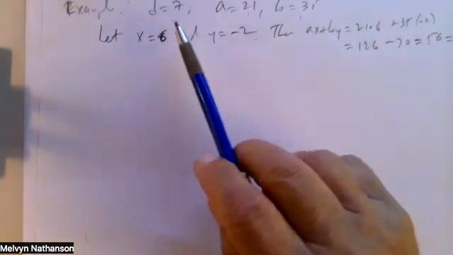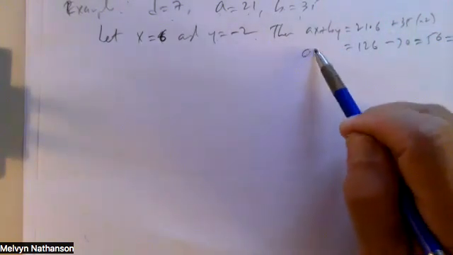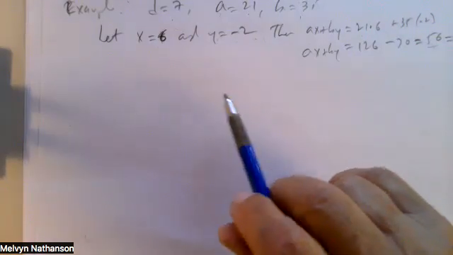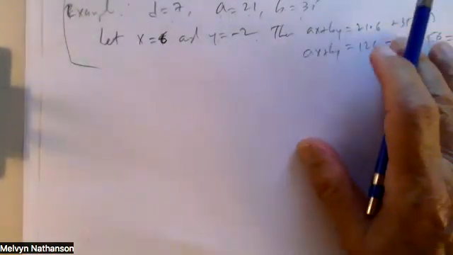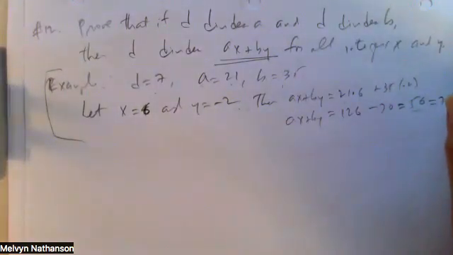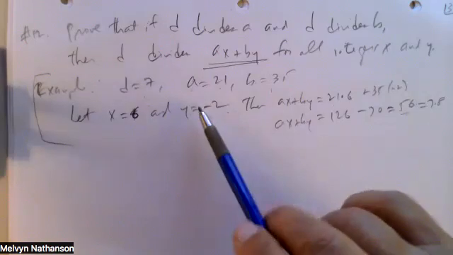So for these choices of A, B, X, Y, and D, D divides A, D divides B, and D also divides ax plus by, which is 56. So this is just an example, just so you understand what the assertion of the problem is. It's not a proof.